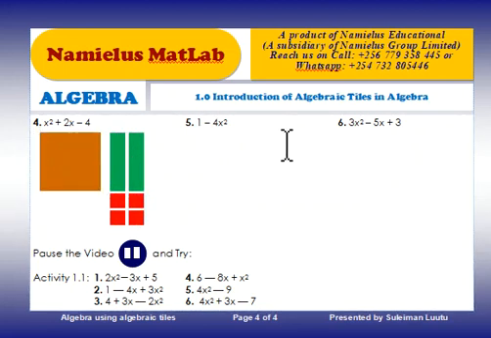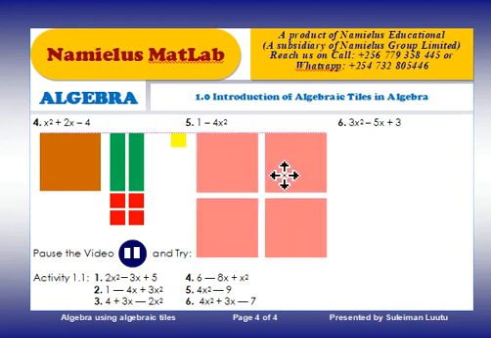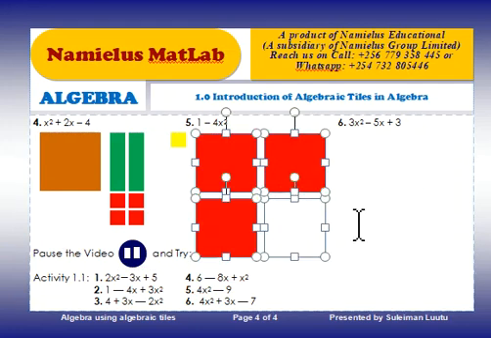And then let's go to number 5. It is positive 1 minus 4x. So these are the x tiles, but there are 4 of them.